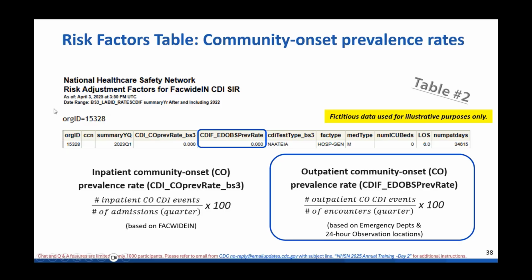The next column displays the outpatient community onset prevalence rate. And so it's the number of outpatient CDI events divided by the number of quarterly encounters times 100. And this is calculated based on reporting from the emergency departments and 24-hour observation locations.